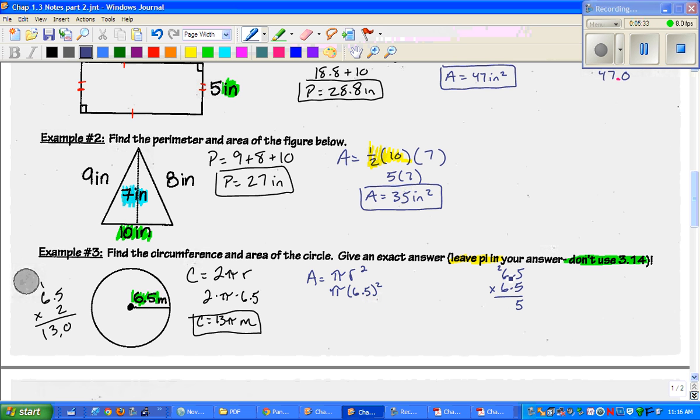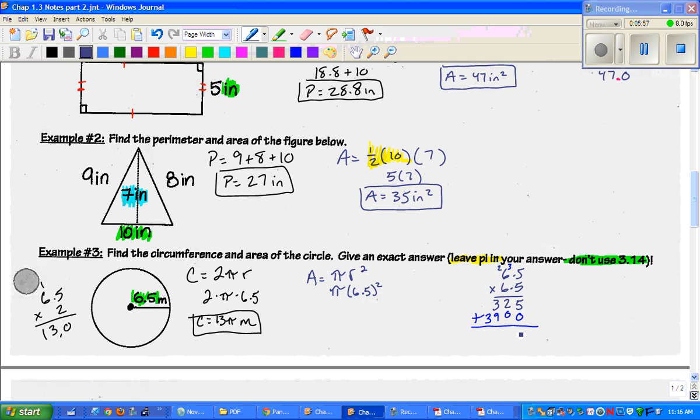Carry the 2. 5 times 6 is 30, plus 2 is 32. Next line, start with the 0. 6 times 5 is 30. Carry the 3. 6 times 6 is 36, plus 3 is 39.